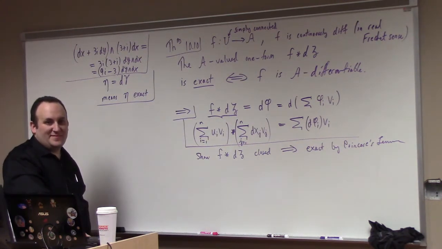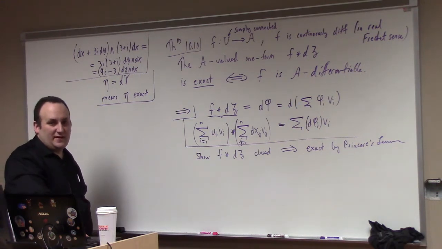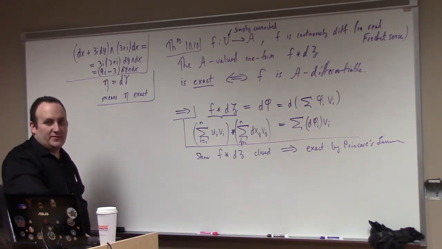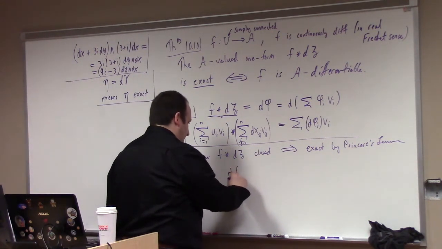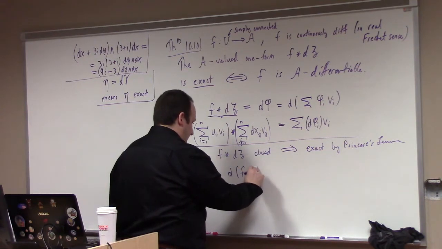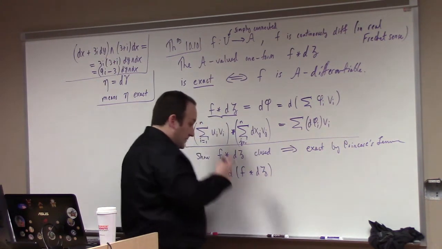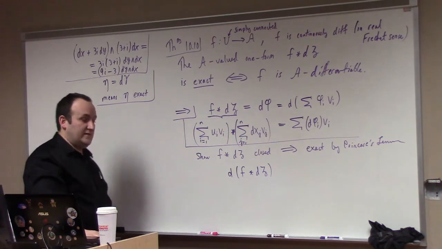And yes, I haven't proved Poincaré's lemma for algebra valued forms either, but I think it's relatively apparent that you can bootstrap it up to algebra valued forms by simply using the regular Poincaré lemma component-wise and stringing them together. To show this is closed, though, is a joy, because all I have to show is that the differential of f times d zeta is equal to 0.